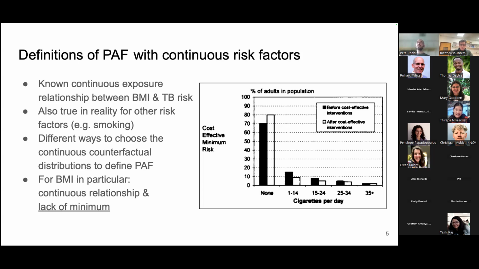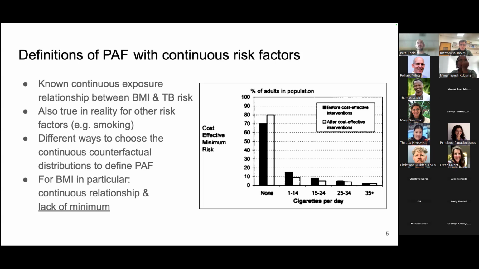So the moment you think about risk factors being continuous, there's more flexibility in defining a counterfactual scenario for the population in order to make a comparison and define a path.